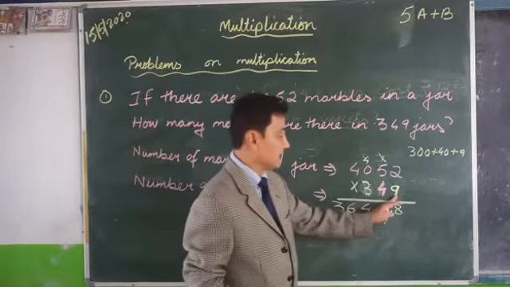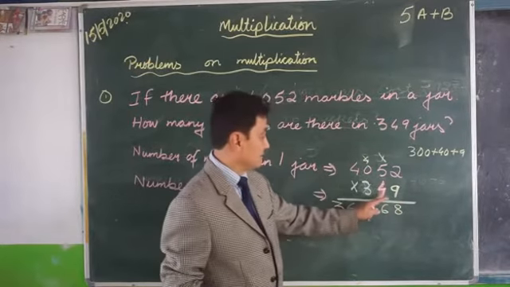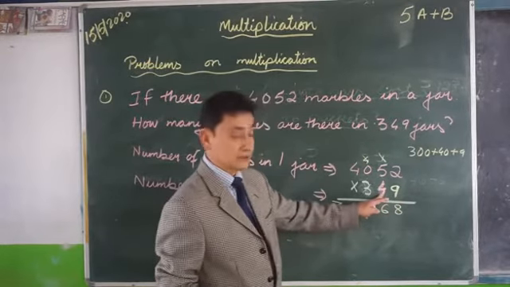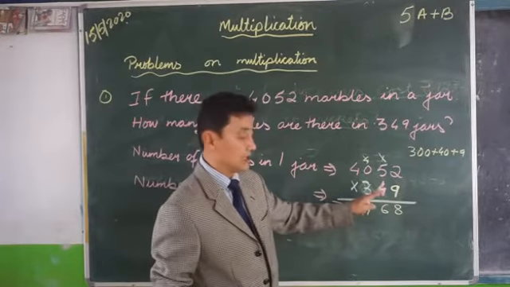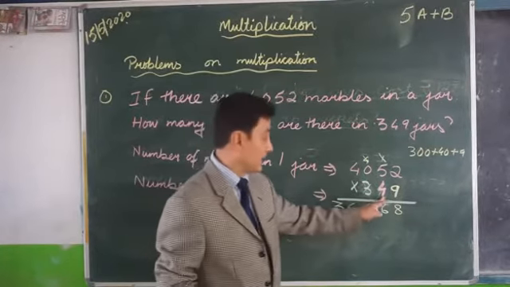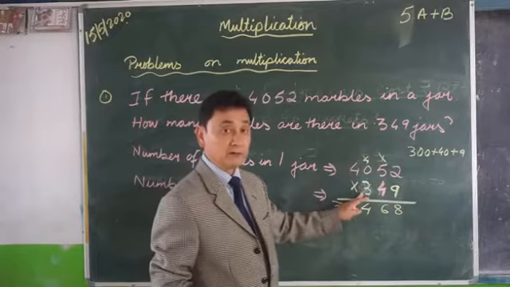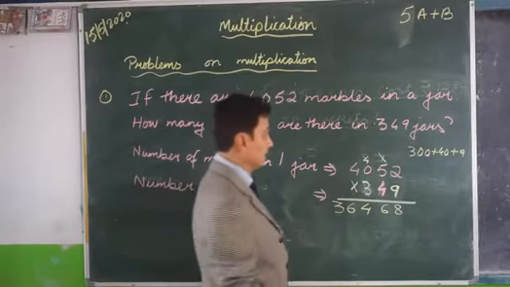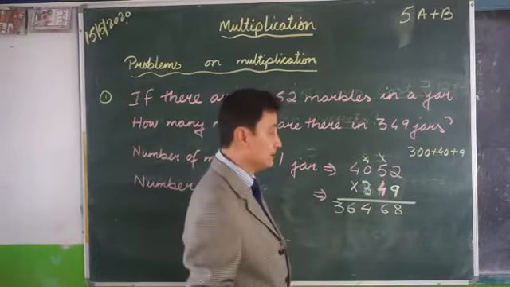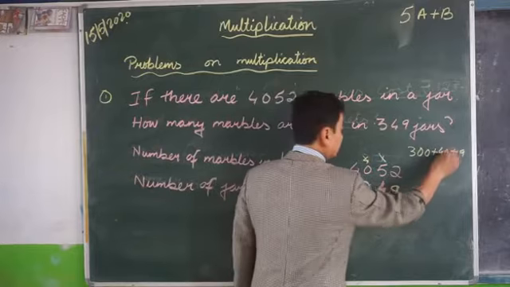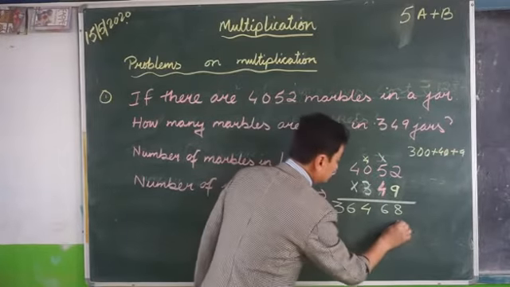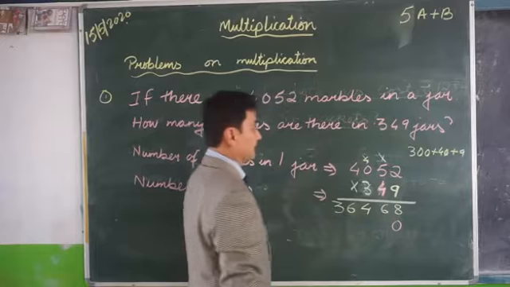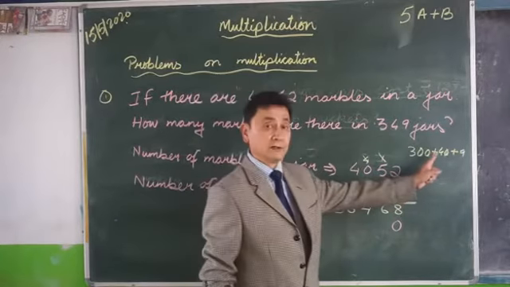The value of 9 is in the ones, the value of 4 is in the tens, the value of 3 is in the hundreds. So when we multiply, actually we must multiply with 40 and with 300, but we are not going to do that. Instead, for easy and simple multiplication, we'll put this 0 here. Now we have to multiply with only 4.